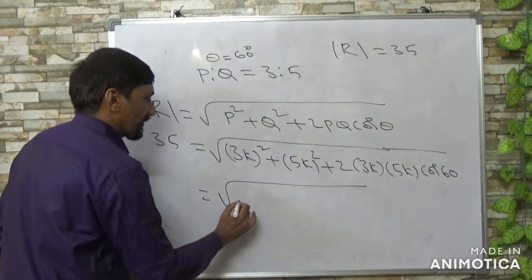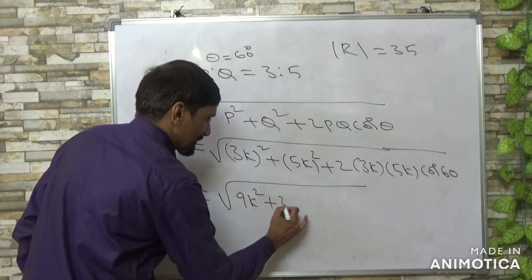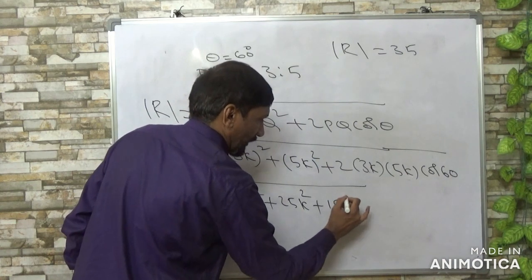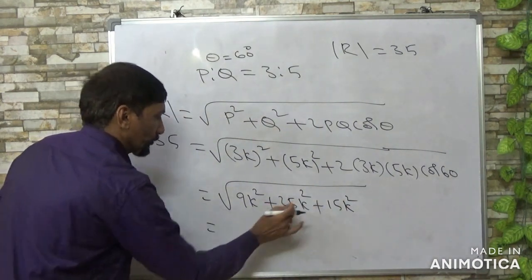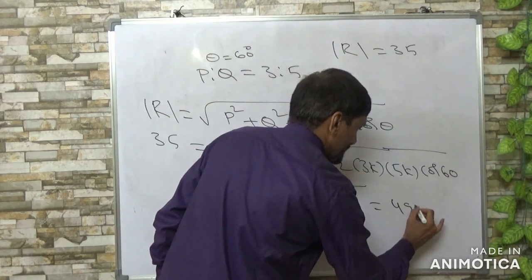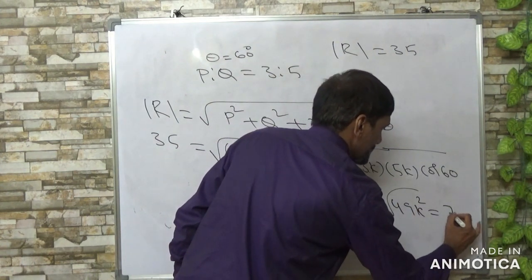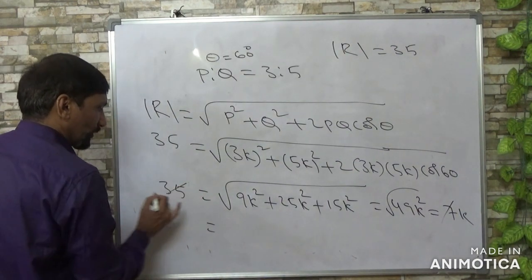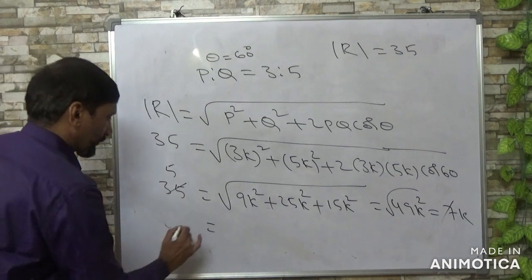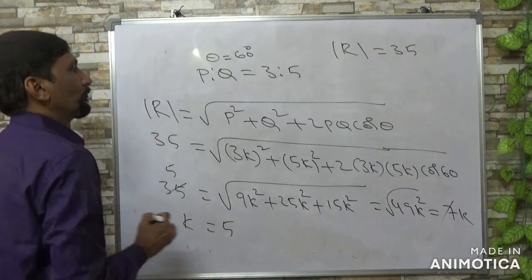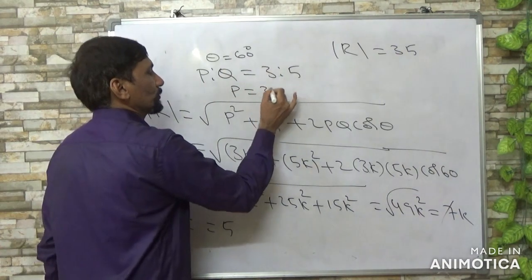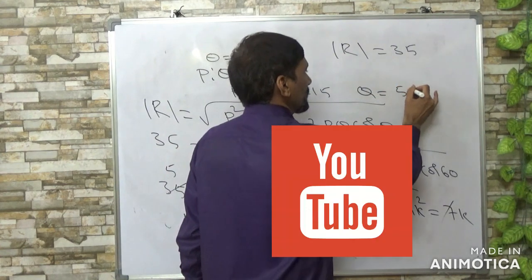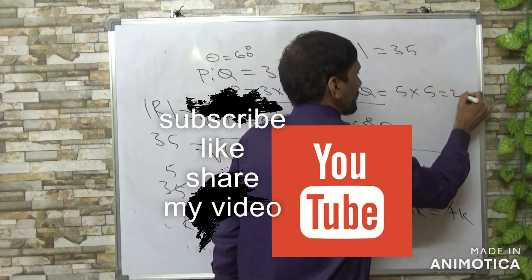When you simplify further, 9k square plus 25k square plus 15k square, so total 49k square. Under root, that is 7k. 7 divides 35 five times, so the k value is 5. Therefore P is 3k, so 3 into 5 is 15. Q is 5k, so 5 into 5 is 25.